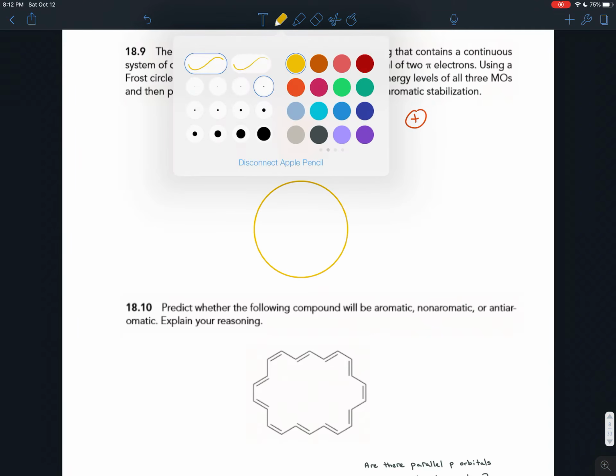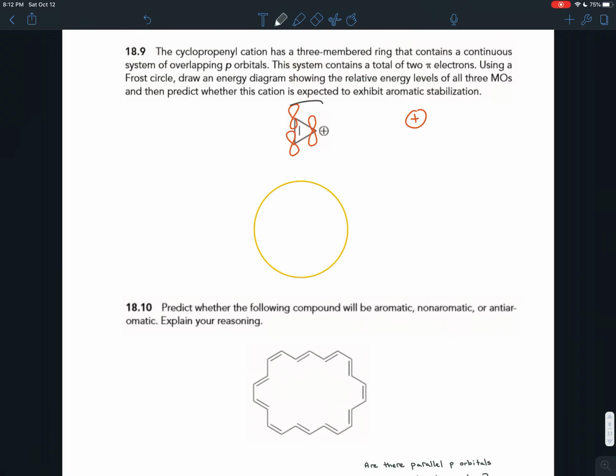Now once you have the circle, take the shape of the molecule that you have, so here a triangle, and always put a point at the bottom. And then draw the shape into the circle. Each one of the places where the shape hits the circle represents a molecular orbital with a certain amount of energy.